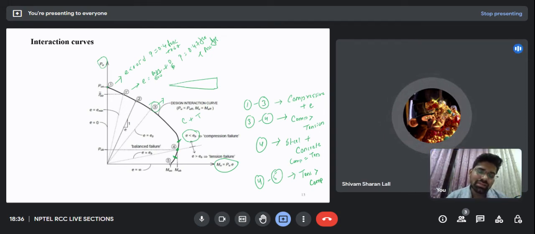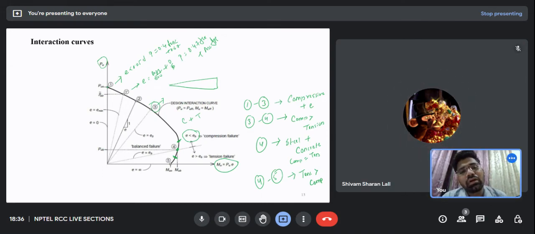Buckling failure can happen for points greater than 4. Okay. So at point 4, steel and concrete yield simultaneously, and below point 4 concrete will yield first and steel will yield afterwards. Think in that way.